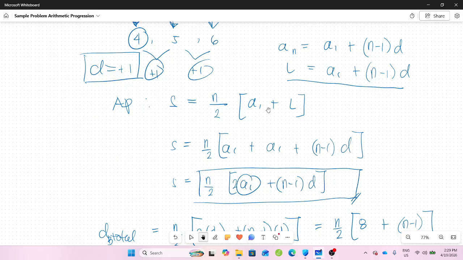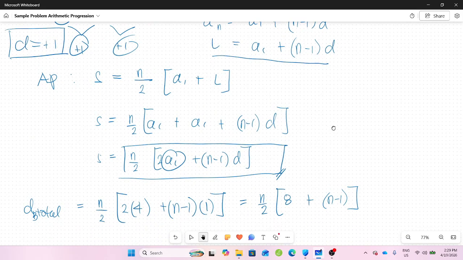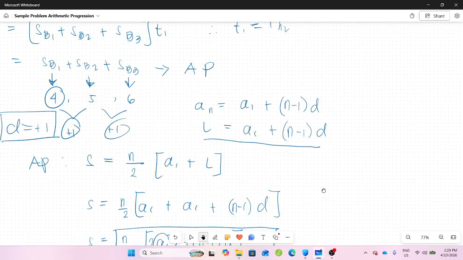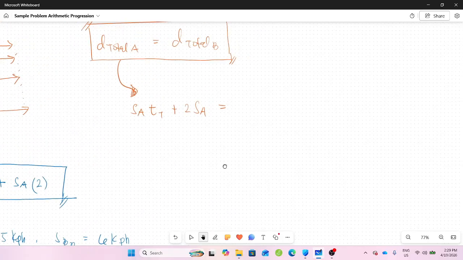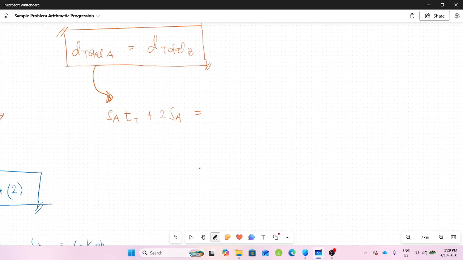this is our equation for car B, this one. So we have to copy that. That's going to be n over 2 times 8 plus n minus 1. Now we'll just simply substitute here the speed of car A. Since the speed of car A is constant, that's going to be 6 t total plus 2 times 6, which is just 12.